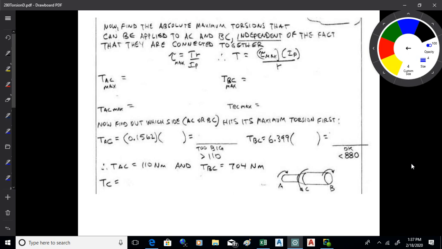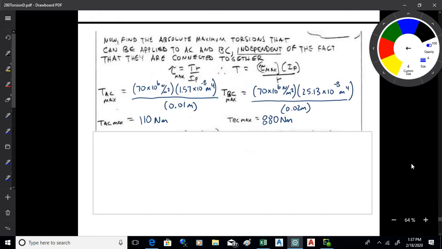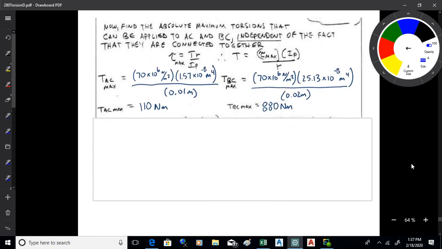So I'm solving that relationship, that tau, the shear stress, is TR over I. I'm solving it for the torsion. It's tau I over R. I'm going to plug both of those in. And that's the torsions I'm going to get for either side. I'm having to do this because I don't know what the TC is yet. I've got to figure this out.